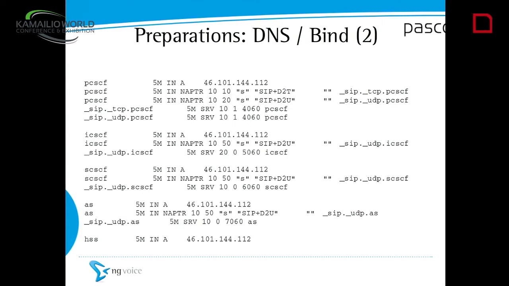For example, we are using 4060 for the proxy CSCF, 5060 for the interrogating CSCF, and so on and so forth. So we use DNS quite a lot. As soon as we add some external interconnection, we also have to add ENUM lookups. We need ENUM lookups in quite a few places.